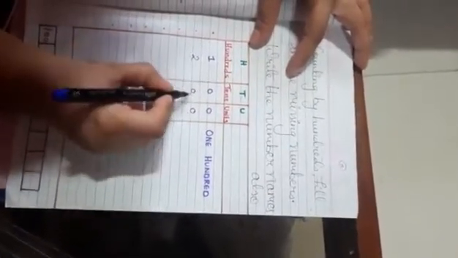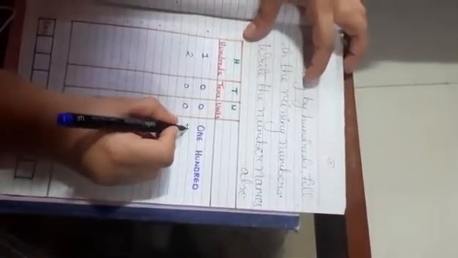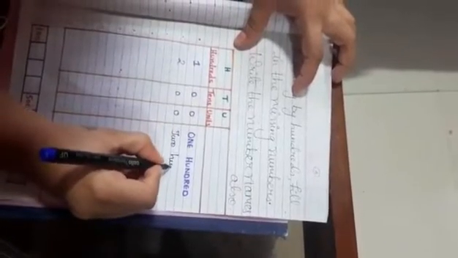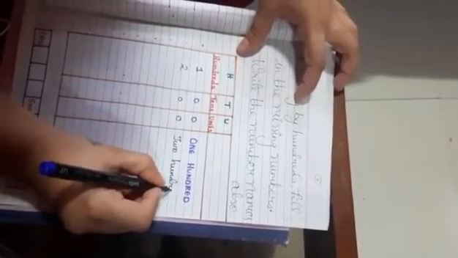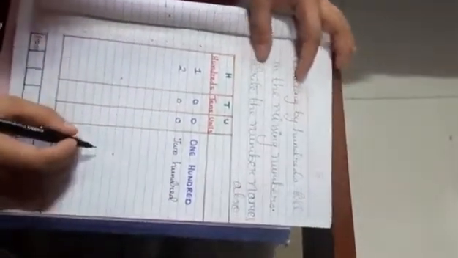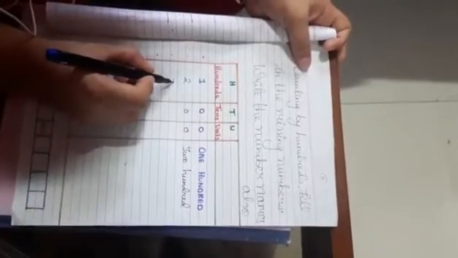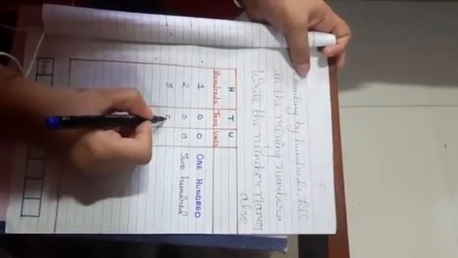After 100 you have 200. Let us write in spelling: TWO HUNDRED, 200. Then next, 100, 200 and next we have 300. So 300.